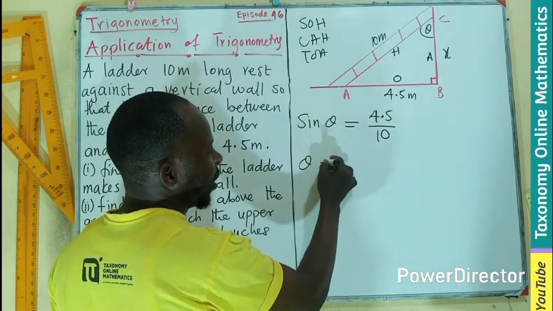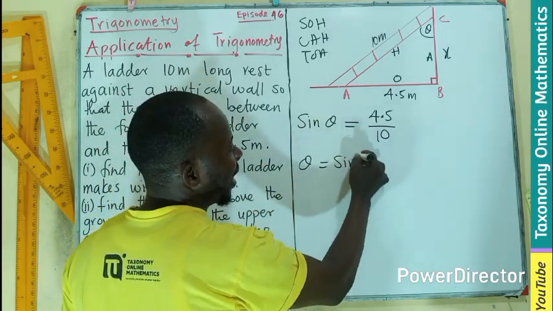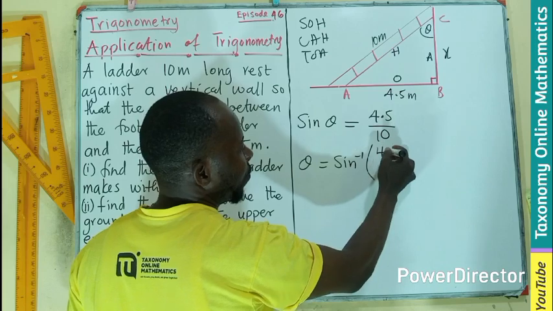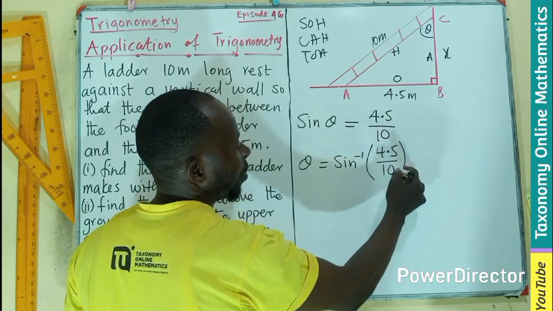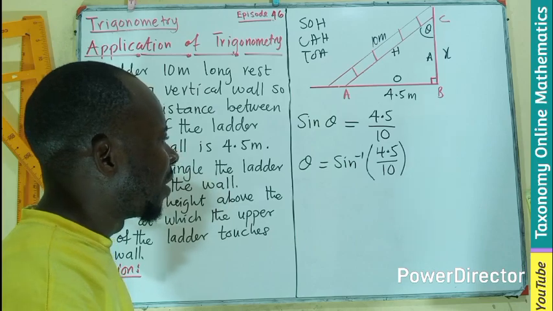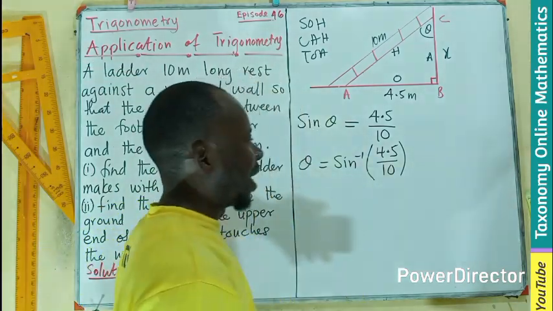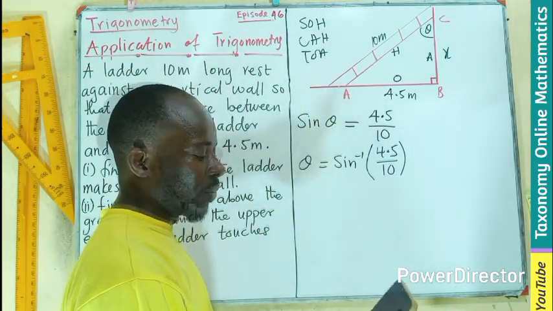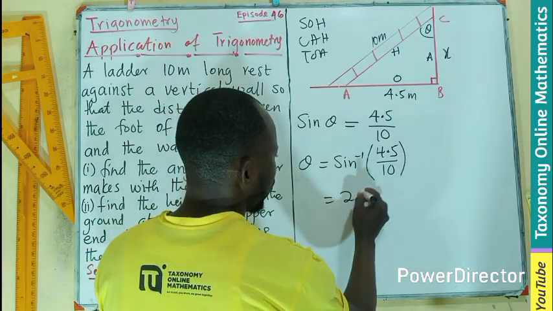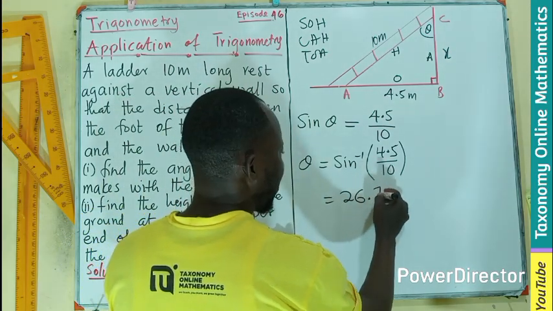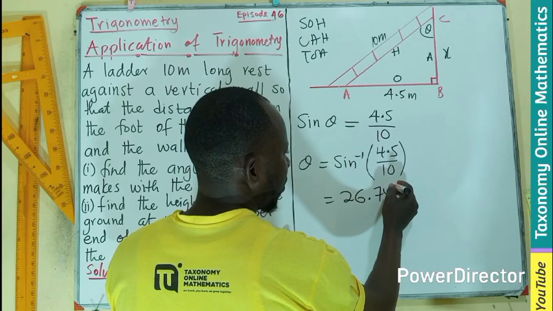We need theta. So theta equals the sine inverse of 4.5 over 10, which is 45 over 100. Let's put that in the calculator and see the value. That should give you 26.74 degrees.